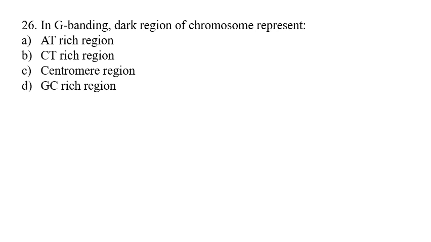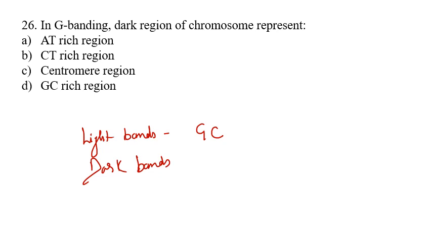Chromosomes are visualized by using Giemsa staining or G-banding. During Giemsa staining, two types of bands appear, light bands and dark bands. Light bands represent the early replicating regions and they are rich in G and C nucleotides, while the dark bands represent the late replicating regions and they are rich in adenine and thymine residues or nucleotides. Here we are asked about the dark region, so this will be the AT rich region. So option A is correct.